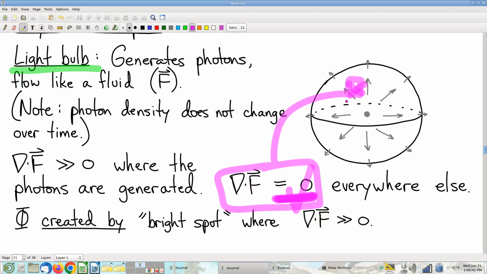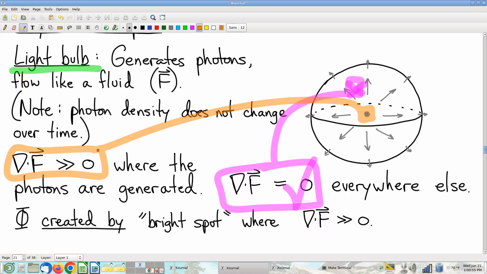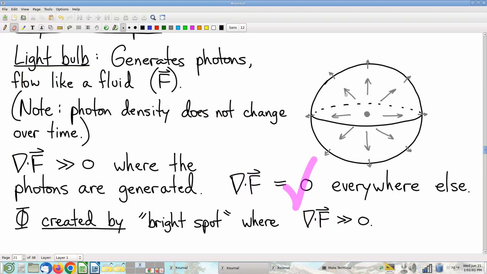So again, I'm going to put that in the win column for divergence. Divergence is telling us that this is not where the flux comes from. The flux comes from here, where the divergence is big. I think this is a really nice example for visualizing some of these ideas that we've talked about.